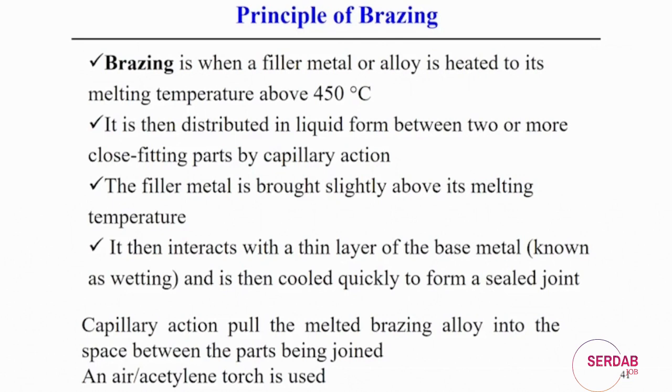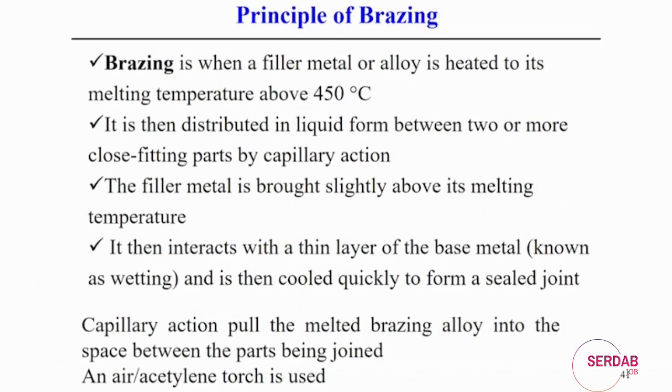To melt the brazed alloy or filler material, it is necessary to apply some source of heat. Normally in brazing we can use an air acetylene torch, simply by locally heating that alloy, so that the temperature can reach above 450 degree centigrade.